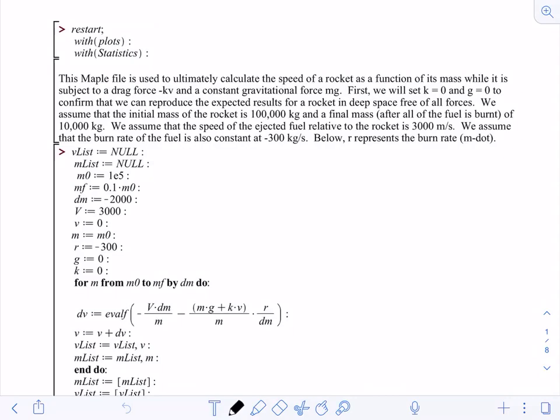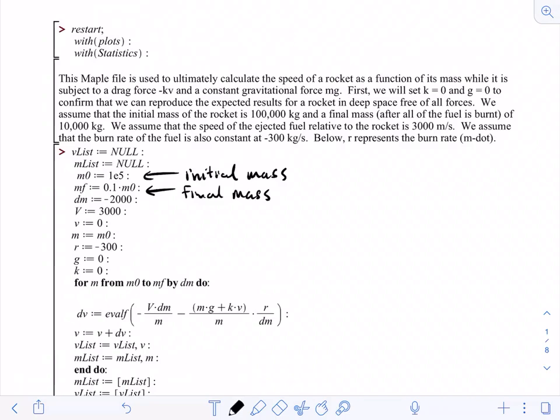The first thing I'll point out is that here M0 is the initial mass of the rocket plus the fuel, and we're going to run this code until we reach our final mass, which was chosen to be 10% of the initial mass.